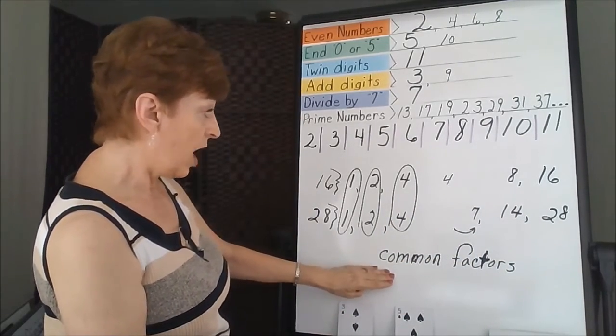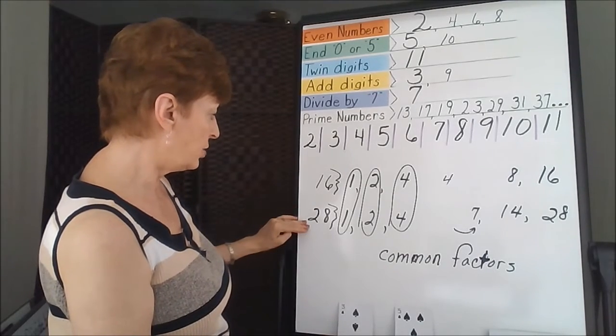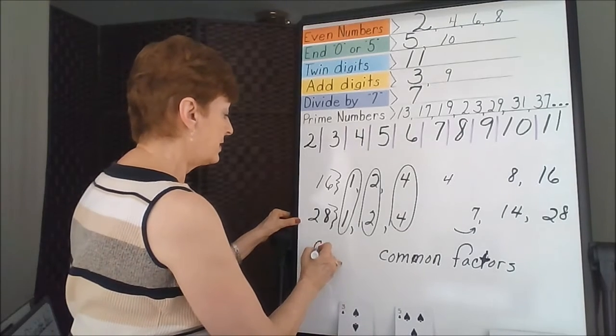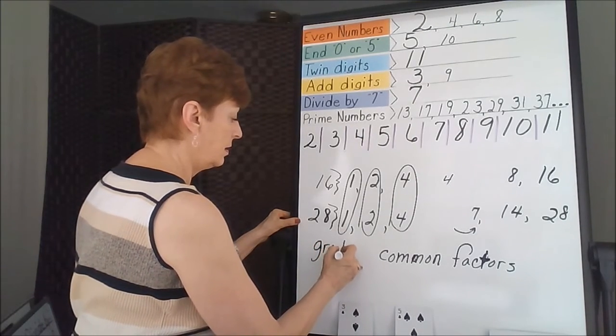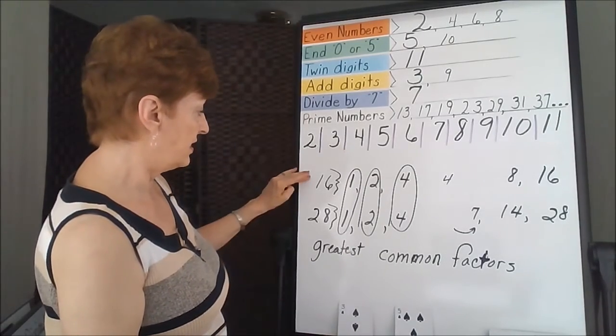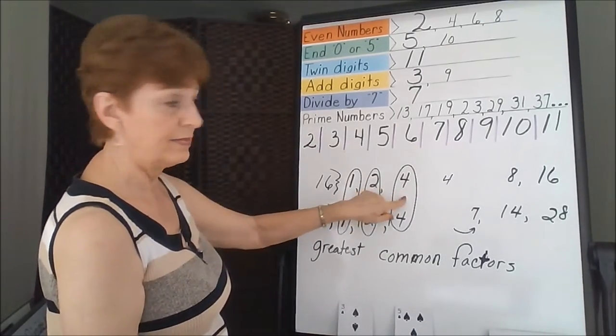So the common factors of 16 and 28 are 1, 2, and 4. But the greatest common factor of 16 and 28 is 4.